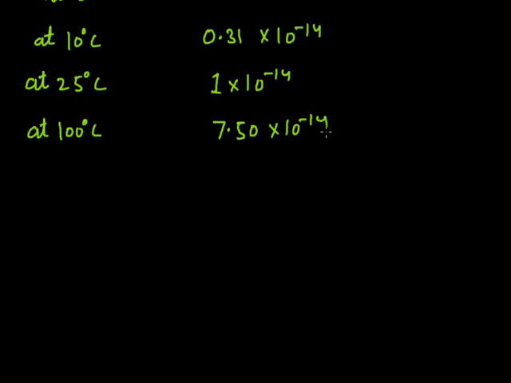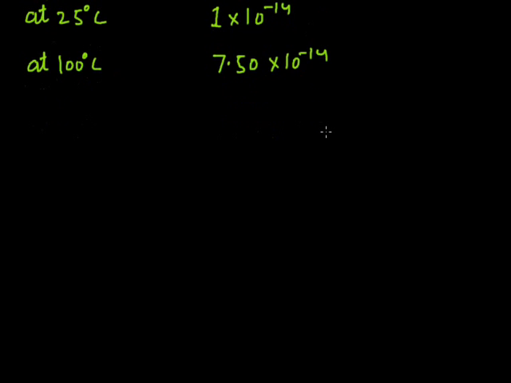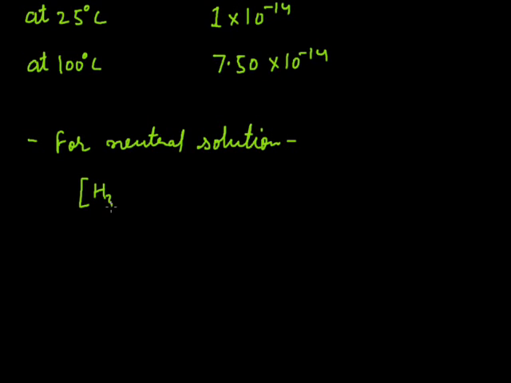Now the relation between hydrogen ion concentration and nature of solution. For a neutral solution, H3O plus ion concentration should be equal to 10 raised to power minus 7 moles per liter.